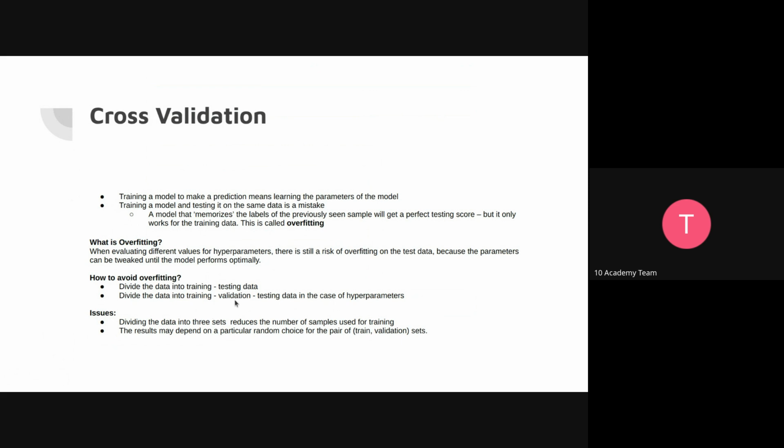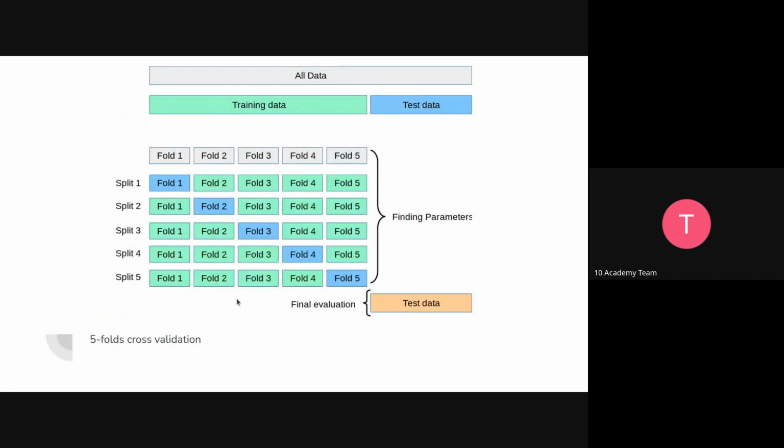This all is a training data set, and we do random splitting in different ways within the training data and validate on that. I will explain one example, called k-fold cross-validation.